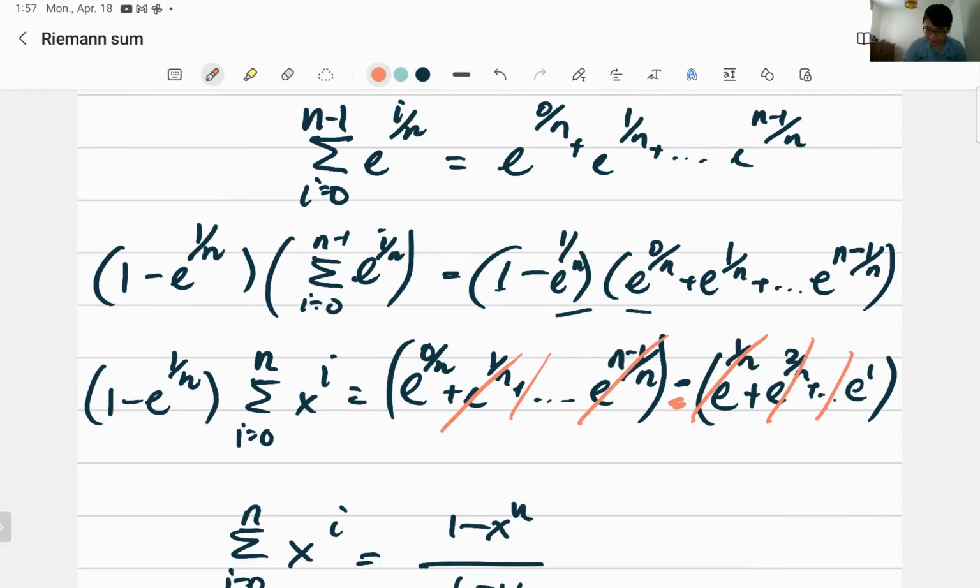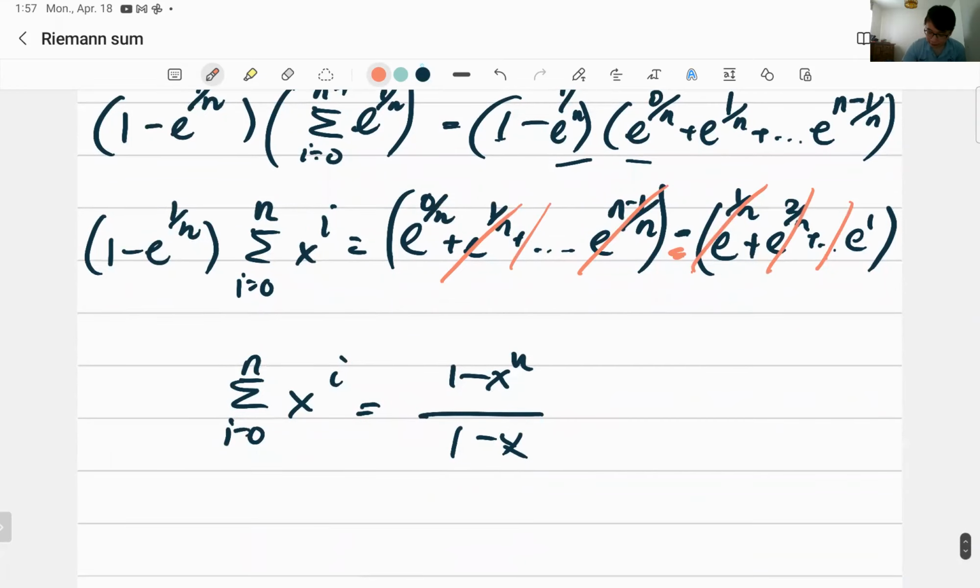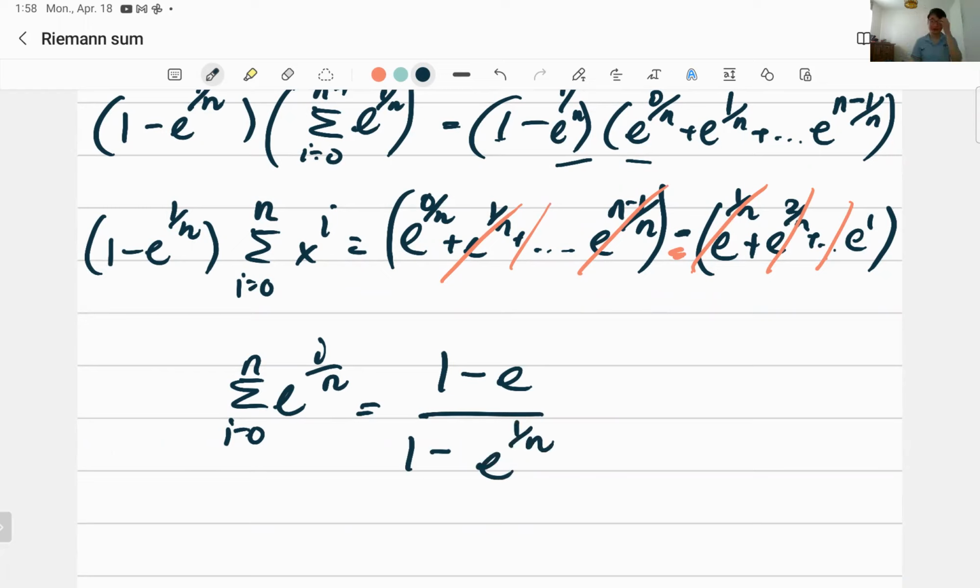So what I have left is e to the power of... so the expression here is equal to 1 minus e over 1 minus e to the power of 1 over n.